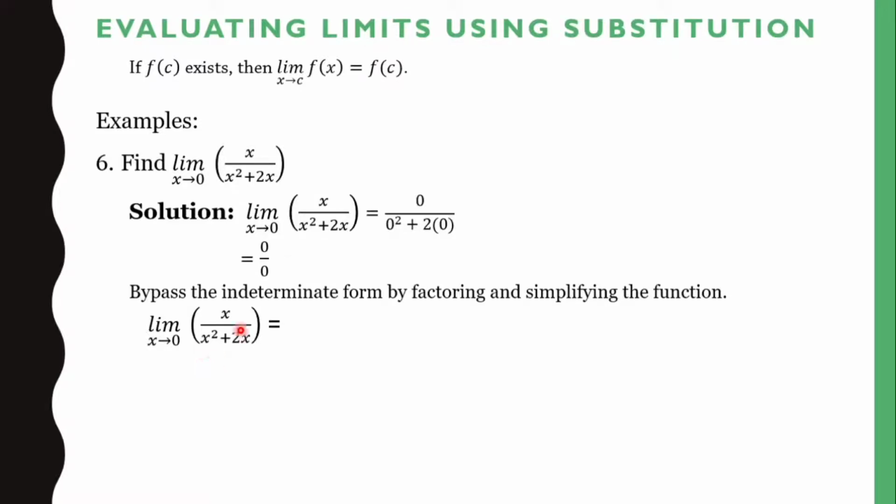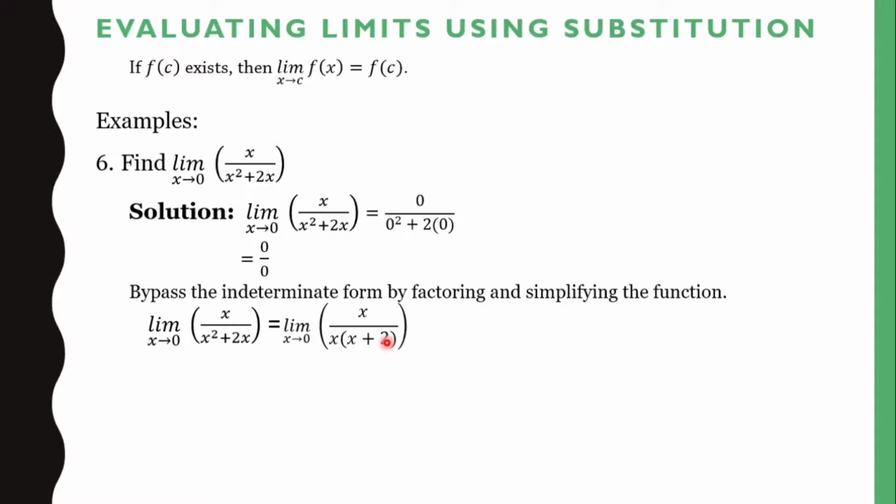In this rational function, x in the numerator could not be factored out anymore, so that would still be x. x squared and 2x have a common factor, which is x. So we take out x as the common factor. x squared divided by x will be x. 2x divided by x will be 2.